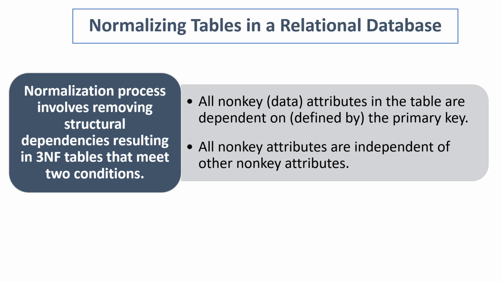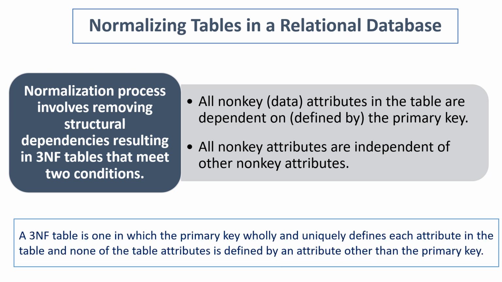First, all non-key attributes in the table are dependent on the primary key, and all non-key attributes are independent of other non-key attributes. Having said that, a third normal form table is one in which the primary key wholly and uniquely defines each attribute in the table, and none of the table attributes is defined by an attribute other than the primary key.